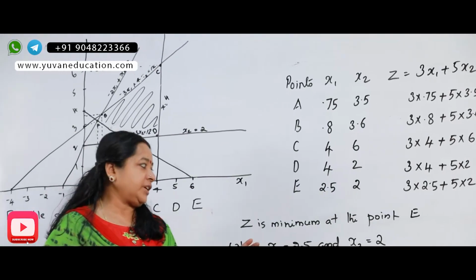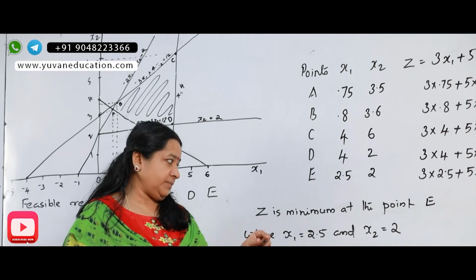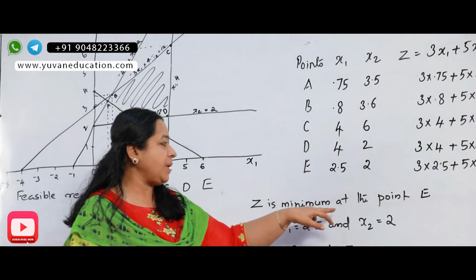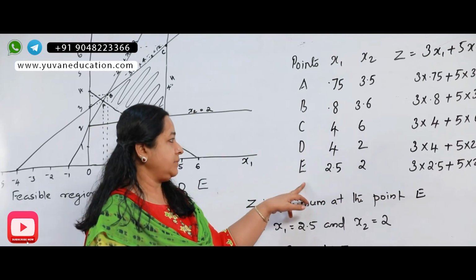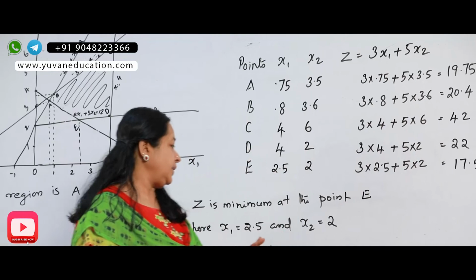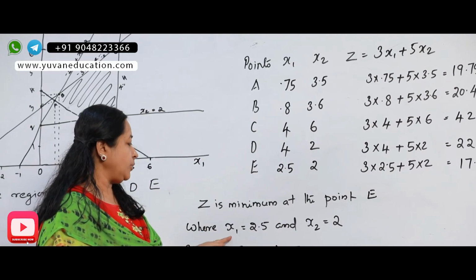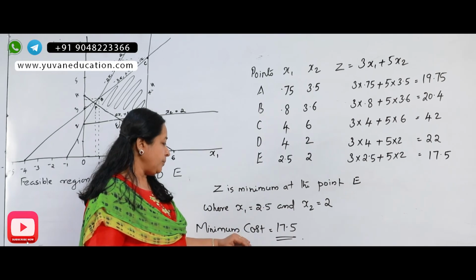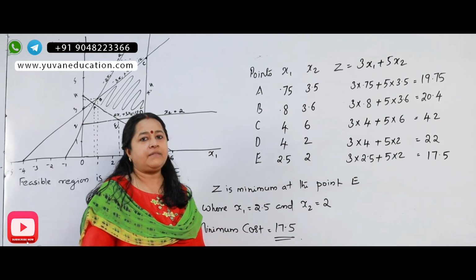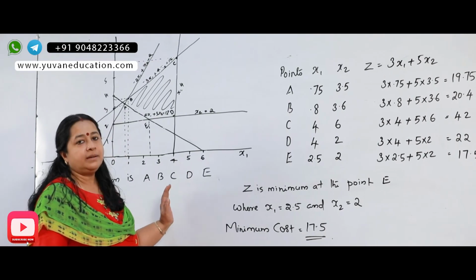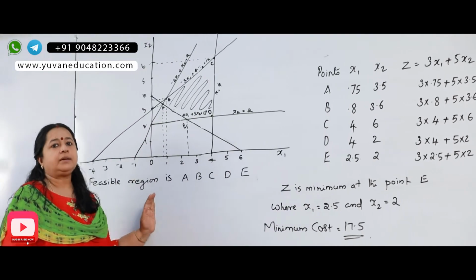In the minimization case, minimum cost. So we can write it as Z is minimum at the point E. See, it is 17.5 minimum of this, where x1 is equal to 2.5 and x2 is equal to 2. Therefore, minimum cost is equal to 17.5. So this is the minimization case graph.